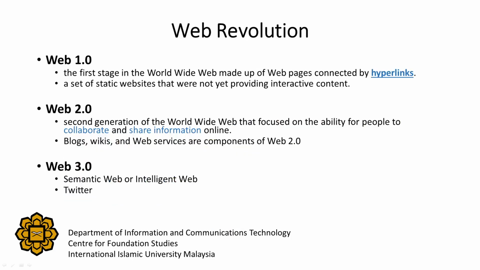Okay, so now we go to the web revolution. We have Web 1.0, Web 2.0, and Web 3.0. So what is Web 1.0? It is the readable phase of the World Wide Web with flat data.